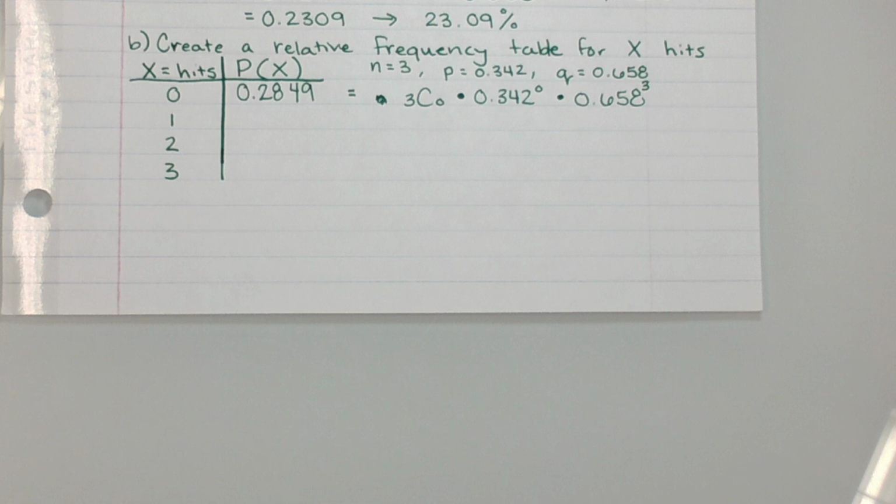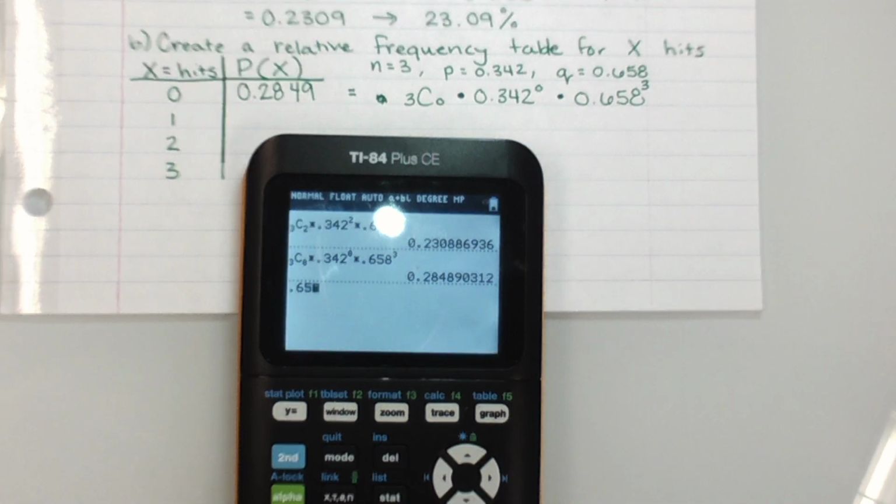No. What's anything combinations of 0? Also 1. We proved that back in chapter 10. Remember Pascal's triangle, the first number was always 1, going down that diagonal. Same with n combinations of n, so 3 combinations of 3 is also going to be 1. In fact, on this one, I could have just as easily typed in 0.658 to the power of 3 and gotten the exact same answer.